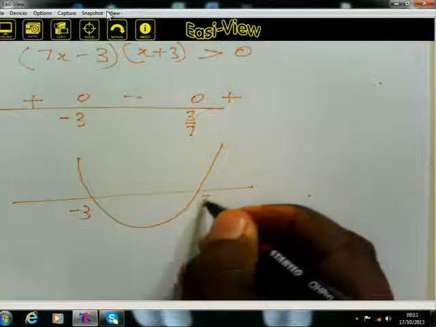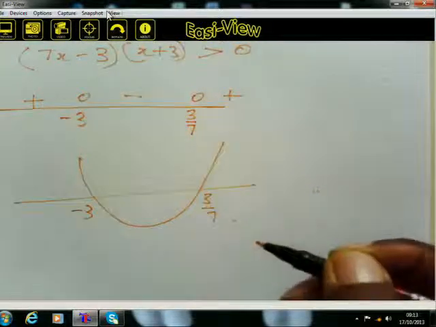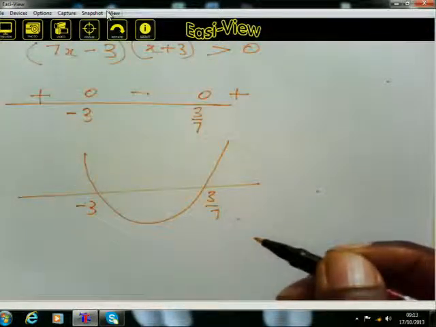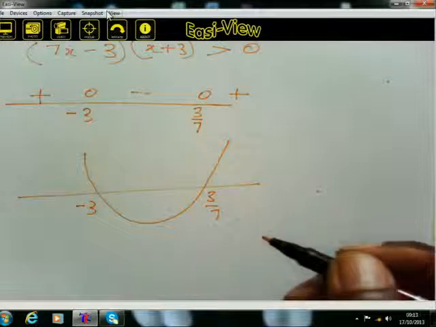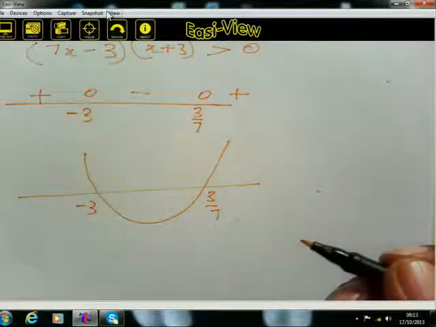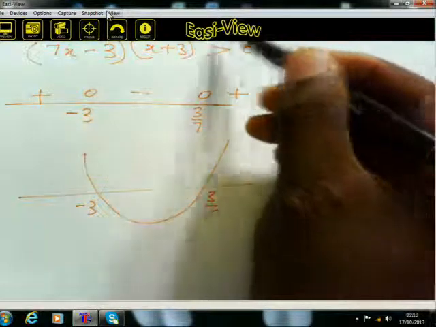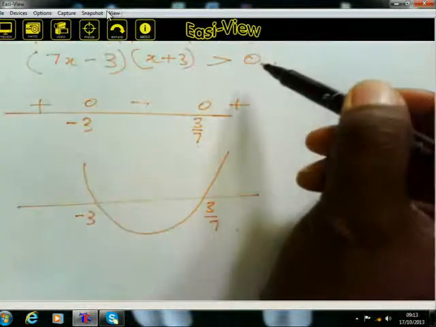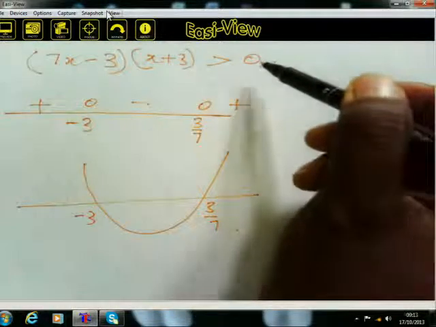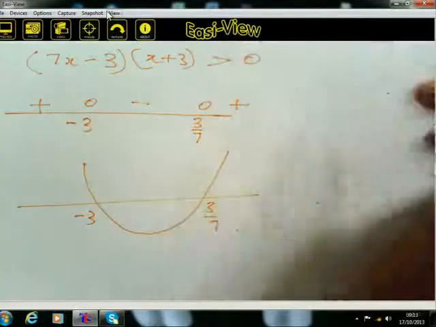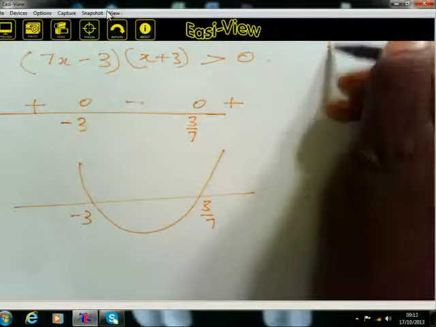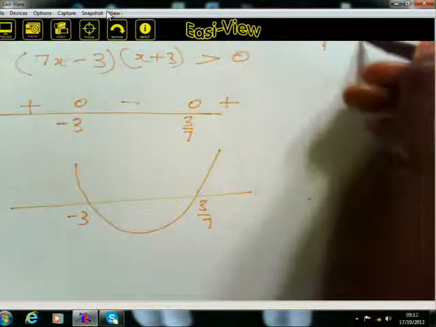This is 3 over 7. And then when I look at this one here, my quadratic inequality was telling me about something that is going to be greater than 0. Being greater than 0 implies that something is positive. Being greater than 0, it means something that is going to be positive.